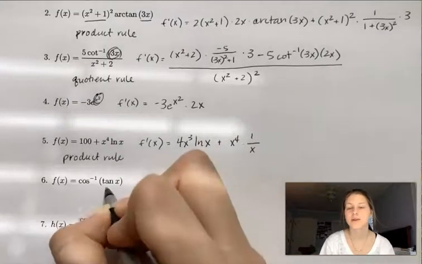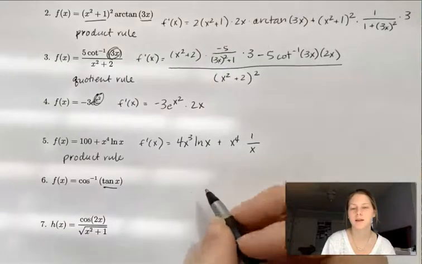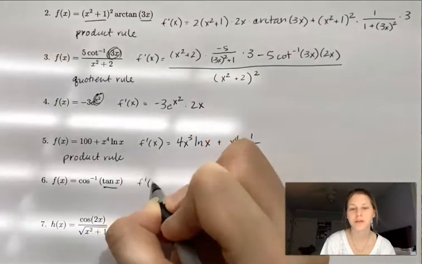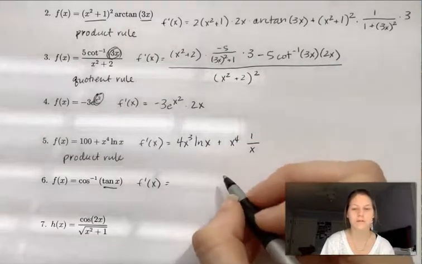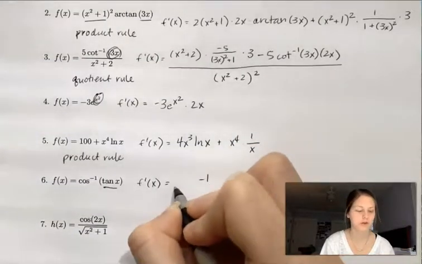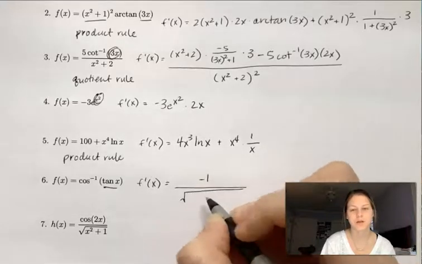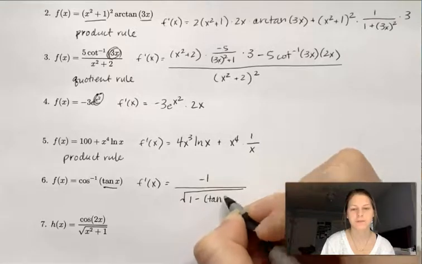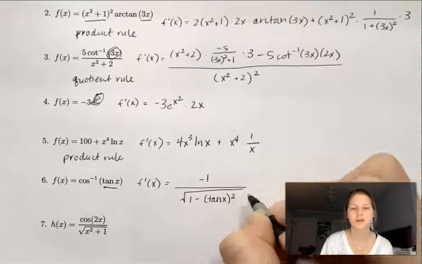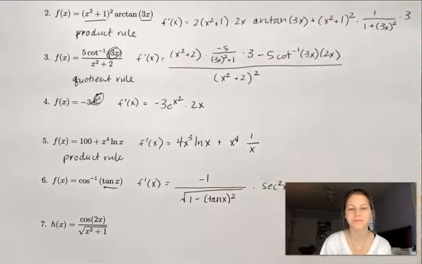Okay, so this next derivative, number 6, we're just using the chain rule, and I underlined the tan x to indicate that we need to use chain rule. And so we get f prime of x is equal to -1 over the square root of 1 minus tan x squared, and times secant squared x because of the chain rule.